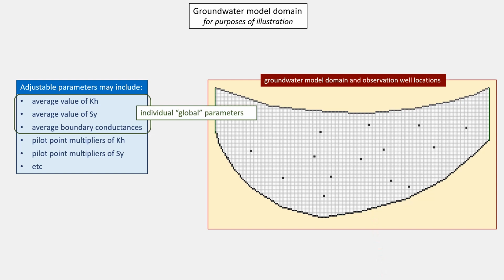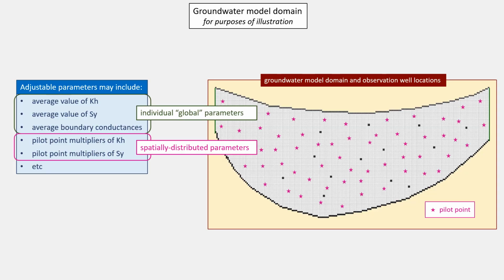Now, ENSI is not restricted to working in parameter contexts like this, but it does work very well in these types of contexts. Suppose then that we have other parameters that provide the detail. Suppose we have kH and SY pilot point multipliers that multiply those global hydraulic property values within the model domain and along the boundary.